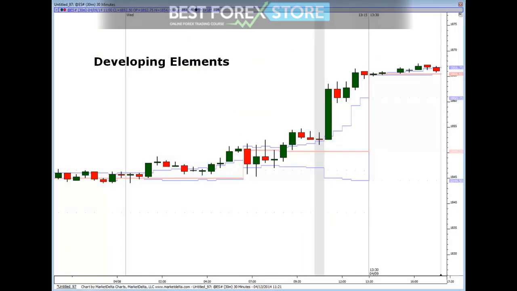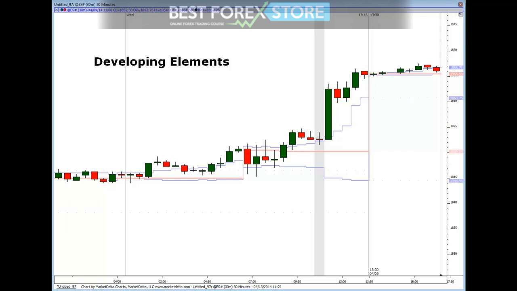Now, we've identified the three key elements as the volume point of control, the value area high, and the value area low. On this chart that you see here, I have nothing more than 30-minute candles for the ES Mini, and I have all three of the elements we've been talking about. Yes, I have the value area high, I have the value area low, as well as the volume point of control.